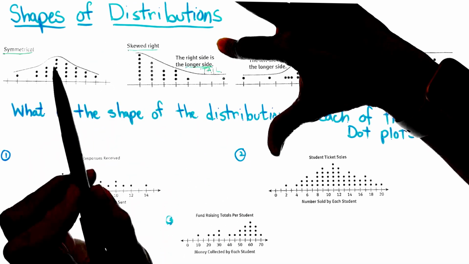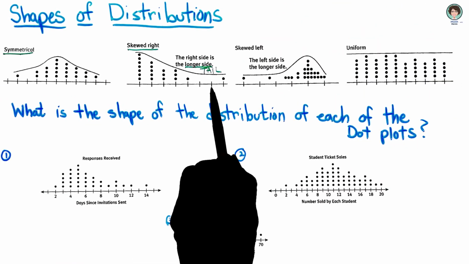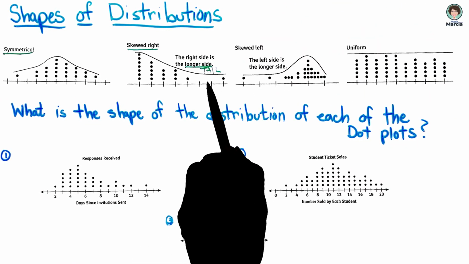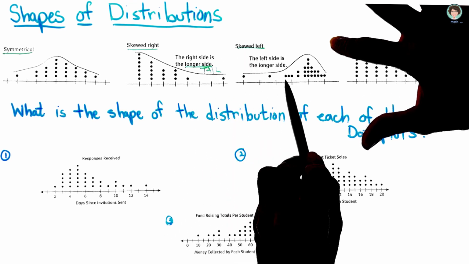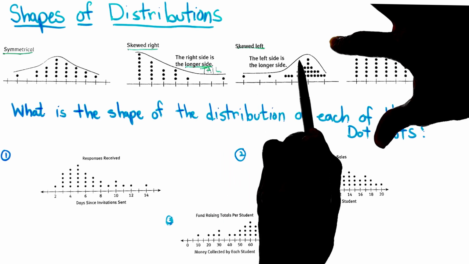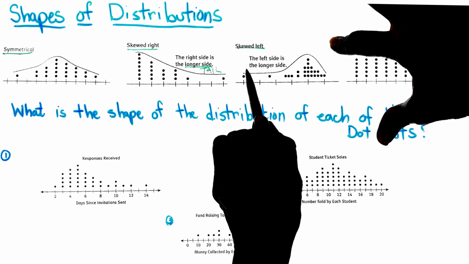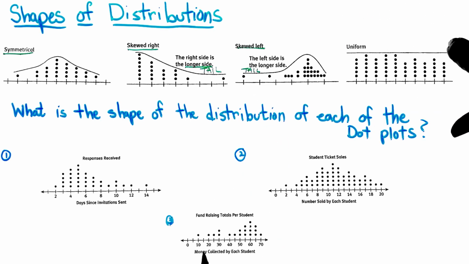If it's skewed to the right, you're looking, is the tail on the right side? When something is skewed to the left, again, notice my data, the tail right here, the longer side, is on the left side. Again, that's just a helpful hint that I've learned over the years.